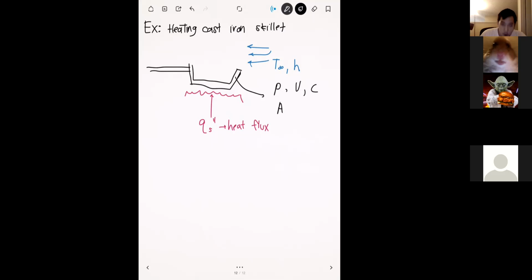We also know its total surface area, which we'll call AT, and we also know the area on the bottom of the skillet, the area that's exposed to the flame, and we'll call that AB. Another thing we know is the initial temperature: the cast iron skillet starts at room temperature.